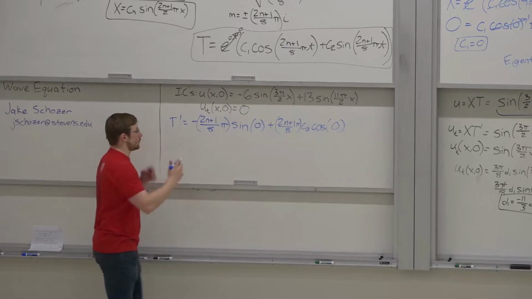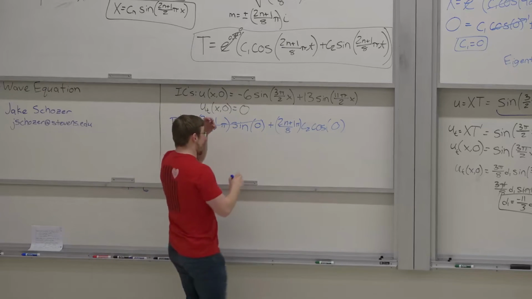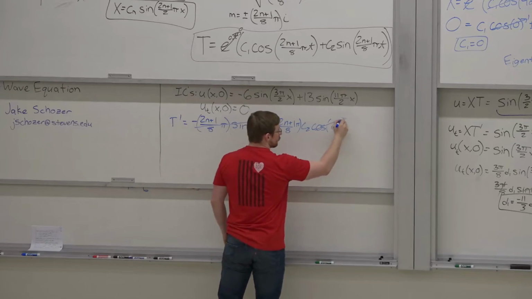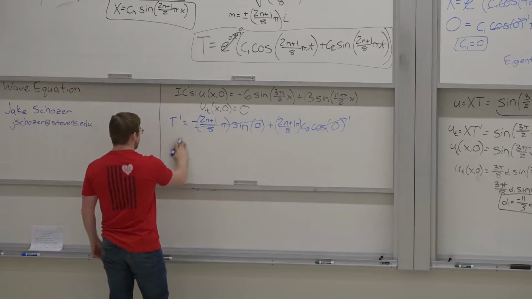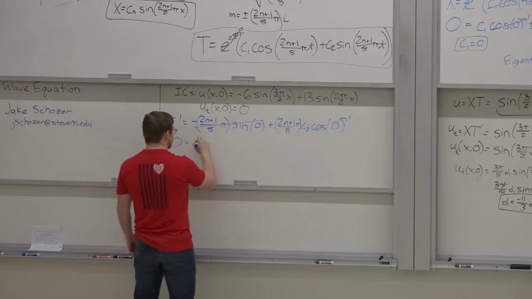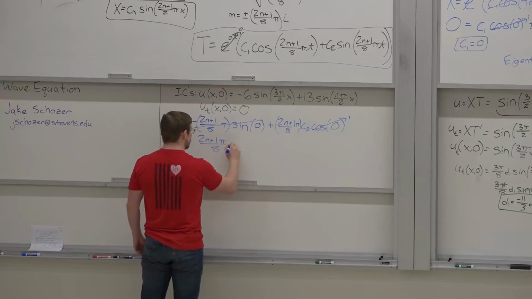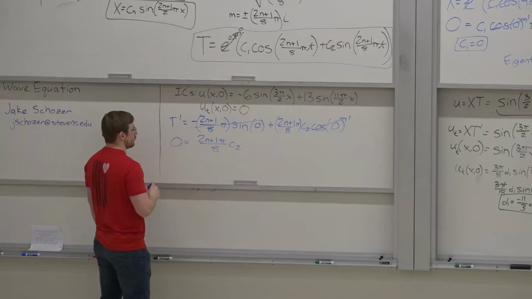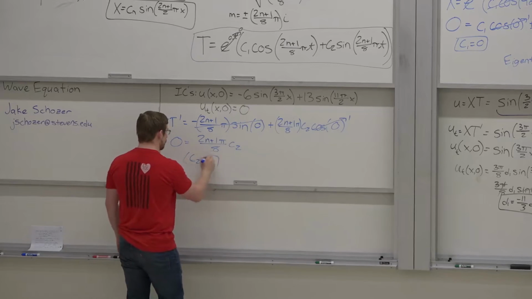And when we do this, we see that this whole first term goes to 0, and this goes to 1, which tells me that t prime, which is 0, is equal to (2n plus 1) pi over 8 times c2, which gives me the condition that c2 is equal to 0.